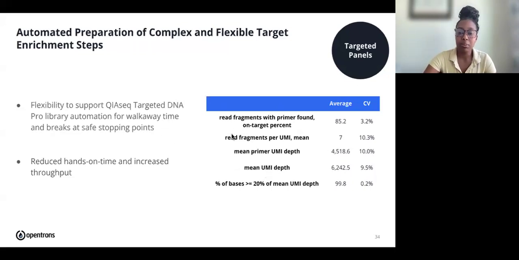So getting through these workflows, the specifications we were most interested in initially were really around accuracy. Are we actually able to identify targets that are of interest in these panels? And we're able to do that, as well as reducing the hands-on time and, in some instances, increasing the throughput that you would be able to run as well.